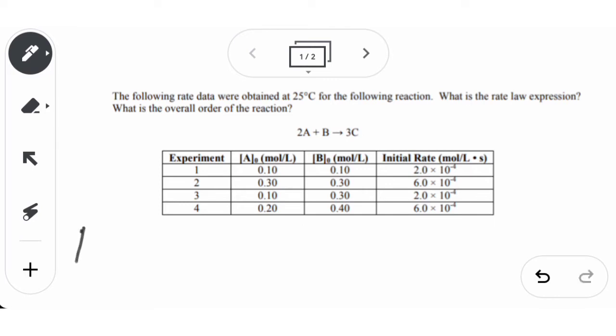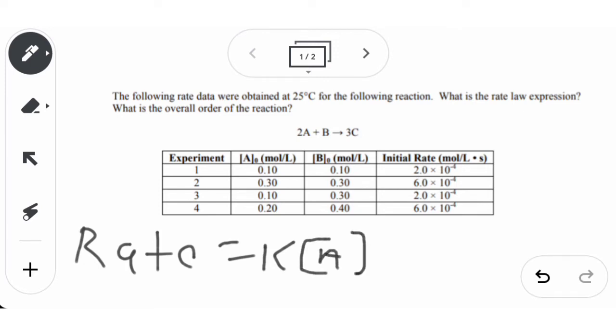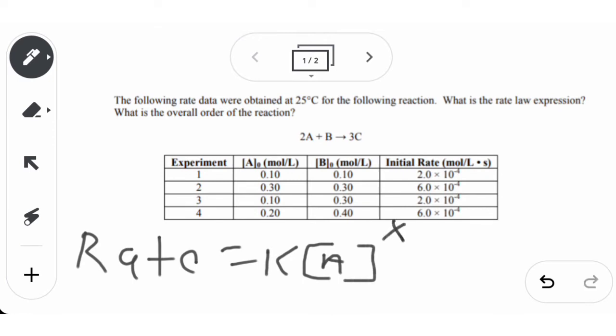We have two reactants in the equation, reactant A and reactant B. So we should have the rate constant k. Then we need to have the concentration of A. Then this is going to be raised to the power x because we don't know the order of reactant A. We raise this to the power x. Then we are supposed to have reactant B.